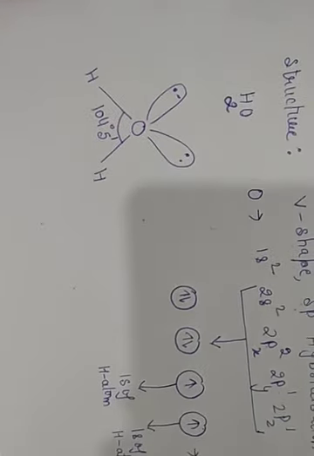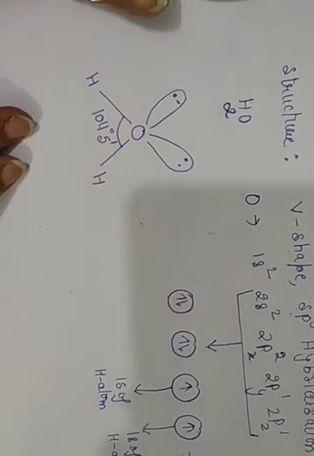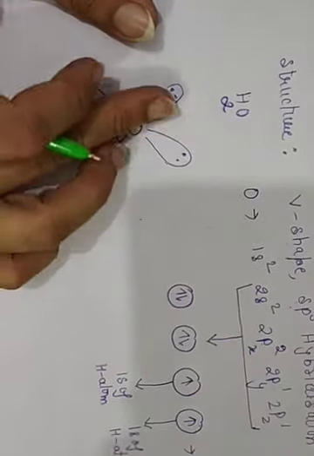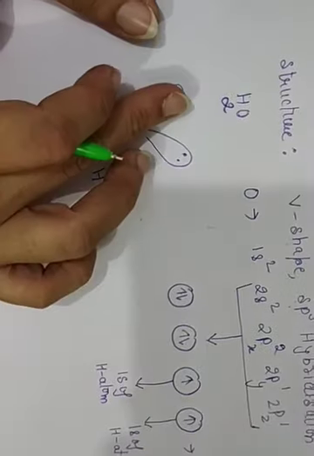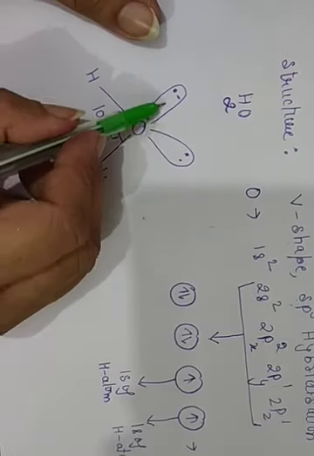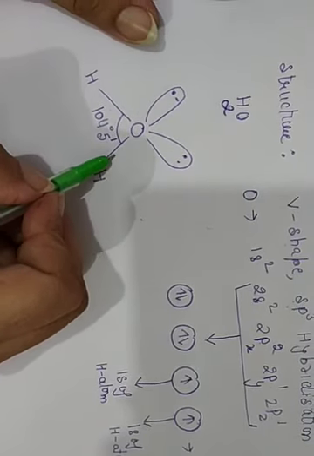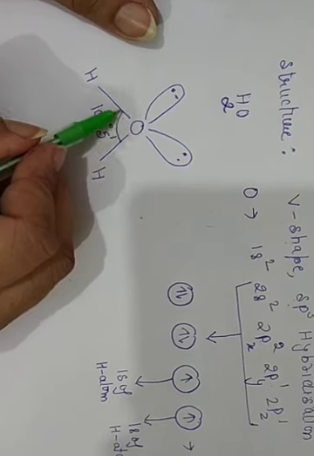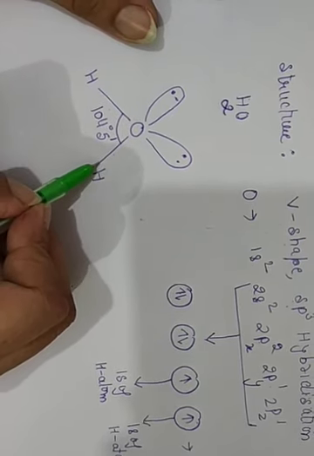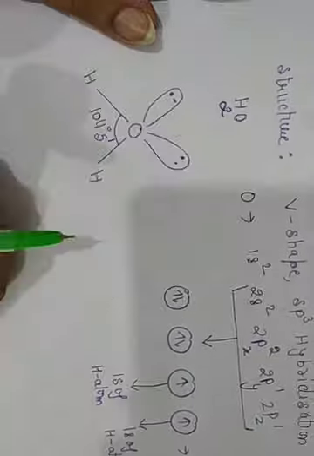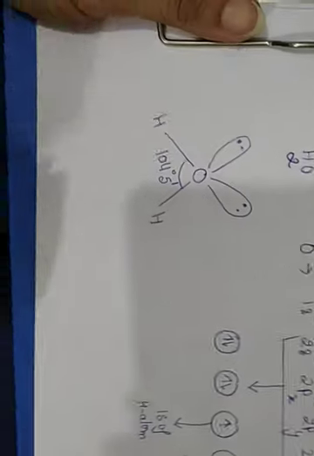It is less than the tetrahedral angle. Why is it less? Due to the presence of these lone pairs, repulsion between lone pair and bond pair is more, which results in the bending of these bond pairs in downward direction, hence angle decreases.